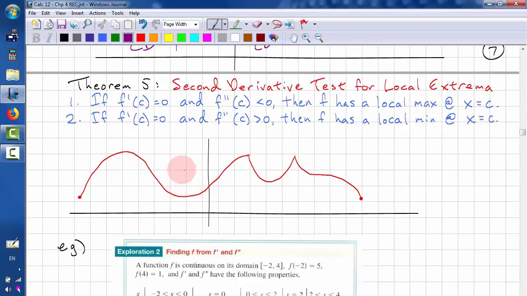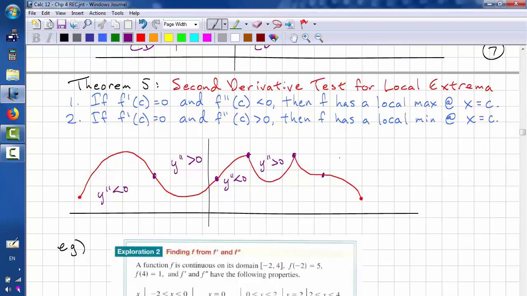Okay, so we plotted our inflection points in the previous one. So y double prime is less than 0. y double prime is greater than 0. y double prime is less than 0. y double prime is greater than 0.